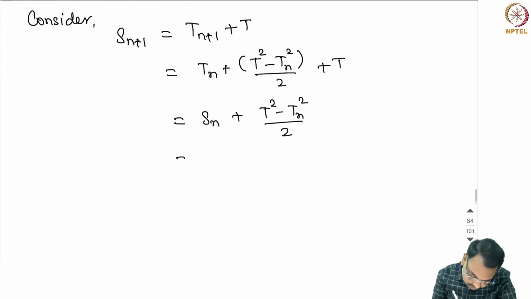Now here again we can write T square minus Tn square as T plus Tn into T minus Tn, provided T and Tn are commuting.